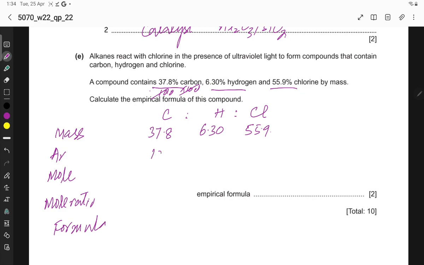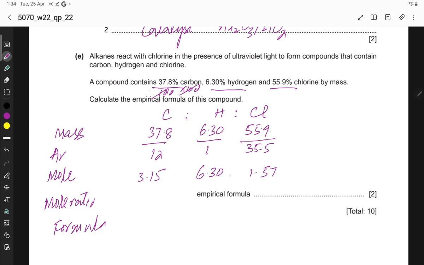So AR is 12, 1 and 35.5. So mole is 3.15, this is 6.3 and this is 1.57.